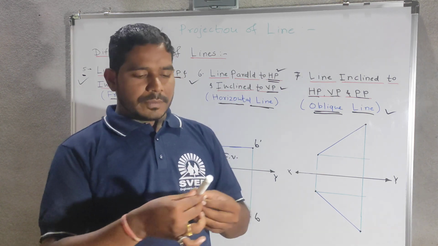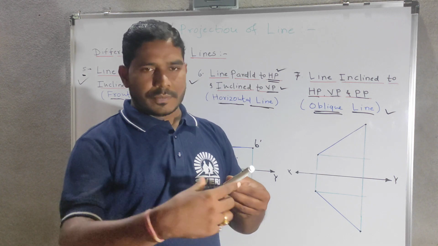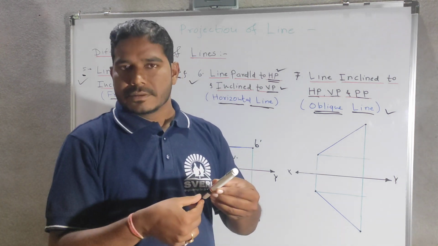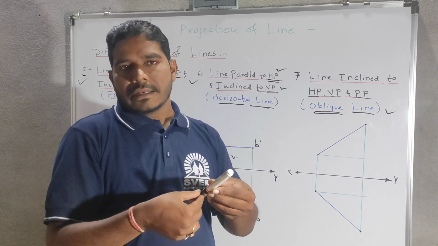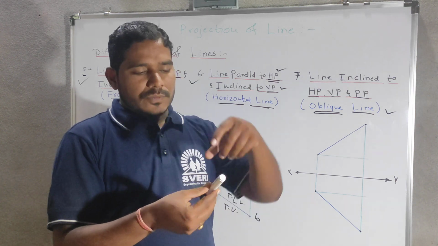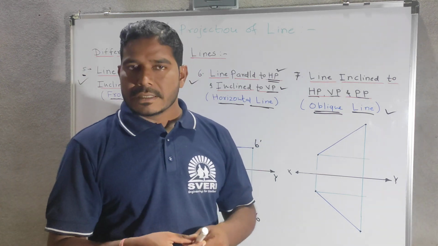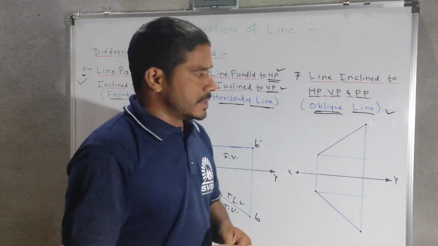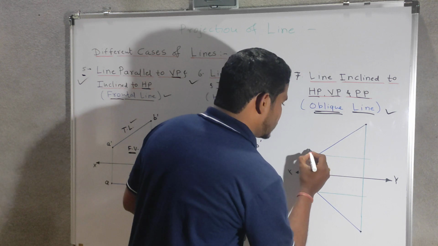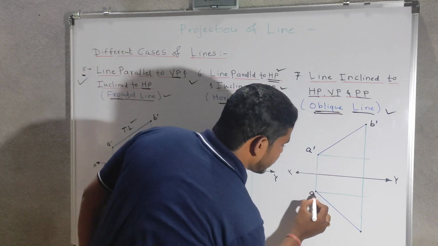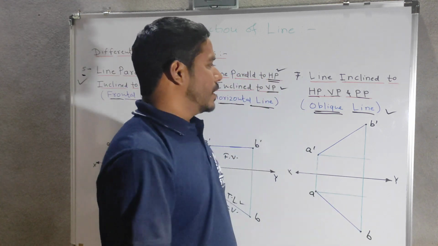How will its front view and top view look? If you observe from the front side, you will get an inclined line, and if you observe from the top side also, you will get an inclined line, inclined to XY. We consider this line AB, so this will be A dash B dash, the front view, and this is the top view.